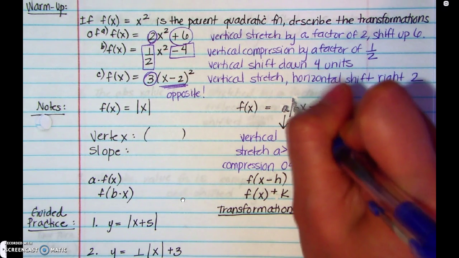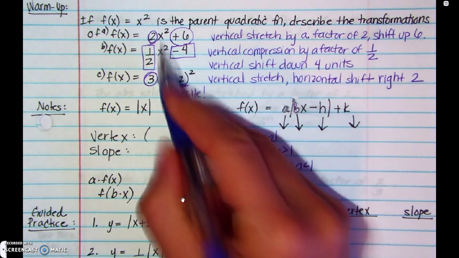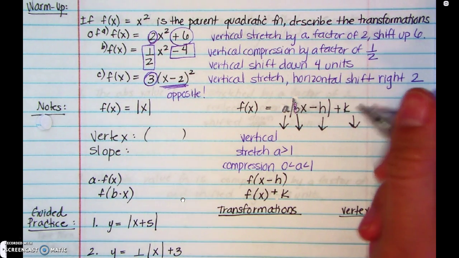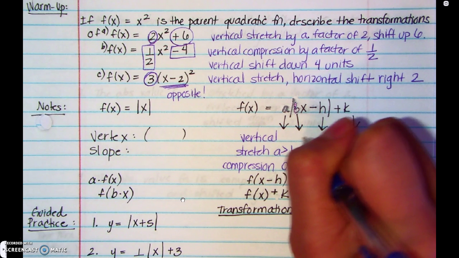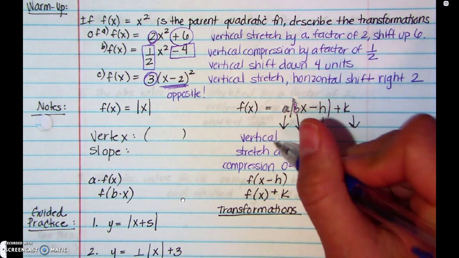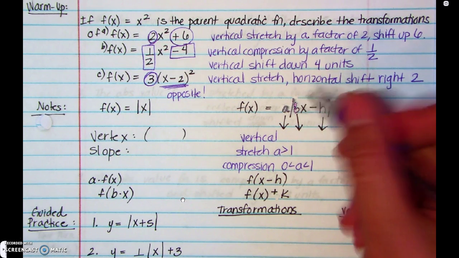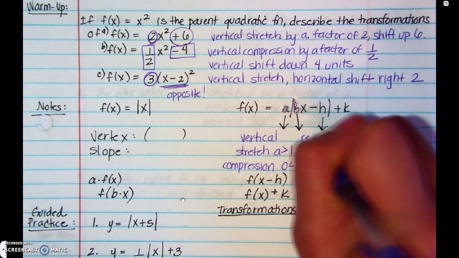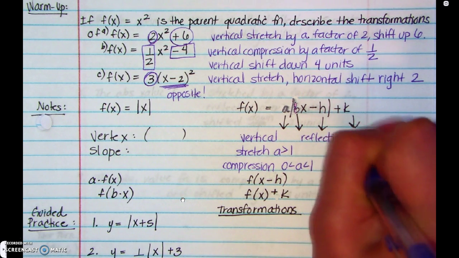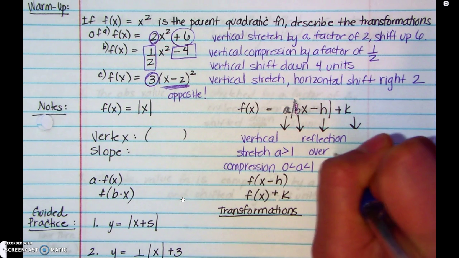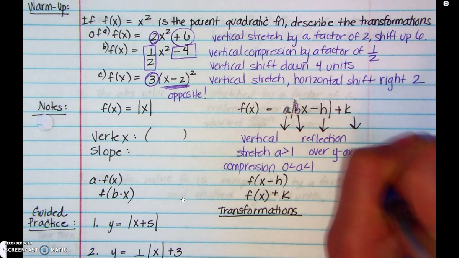Okay, the letter B in the front, we didn't really see any with a B, but B is a horizontal stretch or compression, but more importantly, the way that we see it here is if it's a reflection over the y-axis.